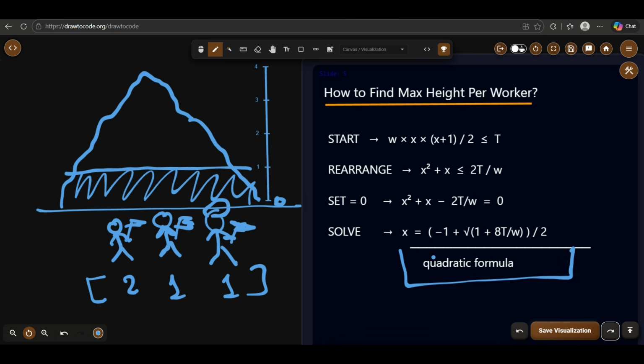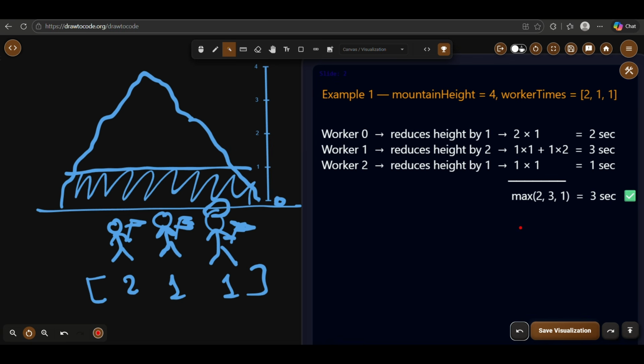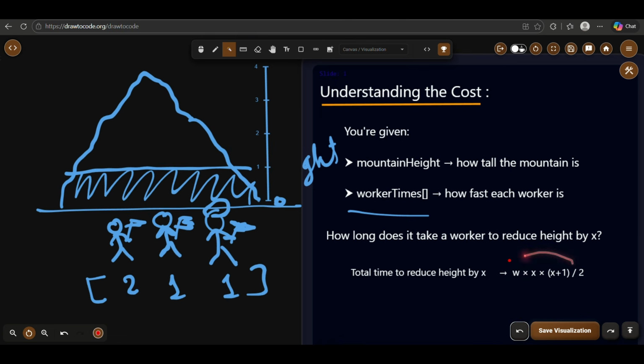How did we get this quadratic equation? Here we have a formula to find T, the time it took to reduce height by x. It is given here: W into x into x plus 1, divided by 2. So using this formula, we have got the time. But now we have to reverse that.